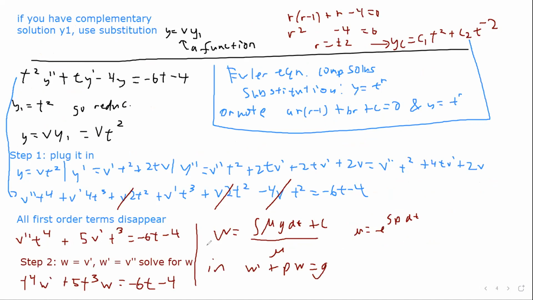But sometimes you're just given one solution and you can't figure out the characteristic solutions at all. And you just have to figure everything out from that one solution that you're given. Maybe that's variation of parameters, because variation of parameters uses both elements of the complementary solution.